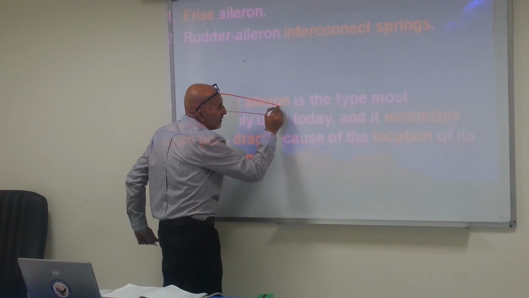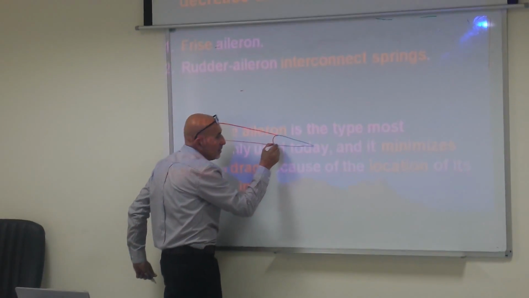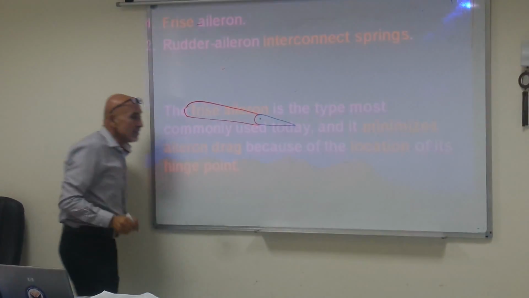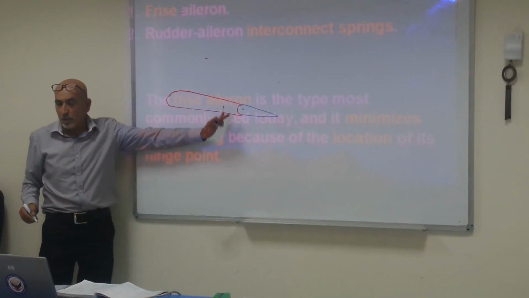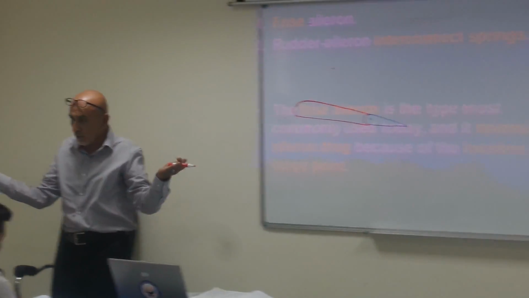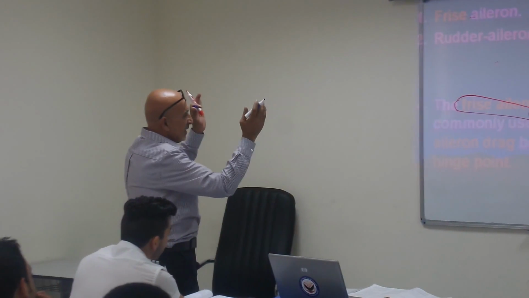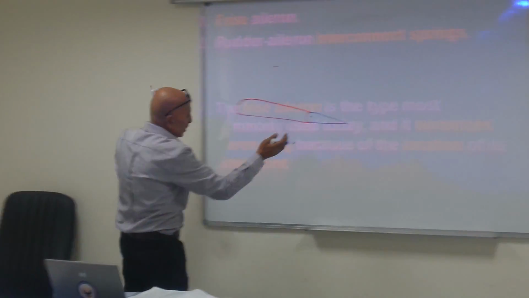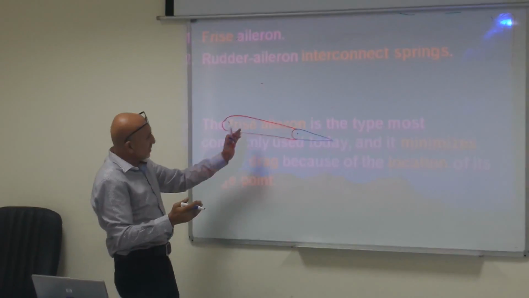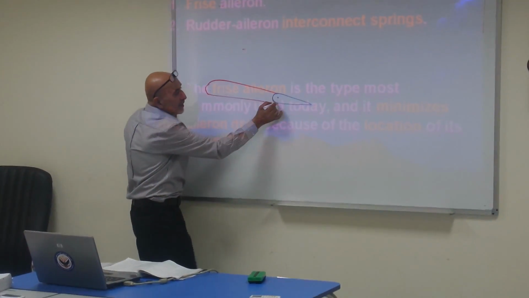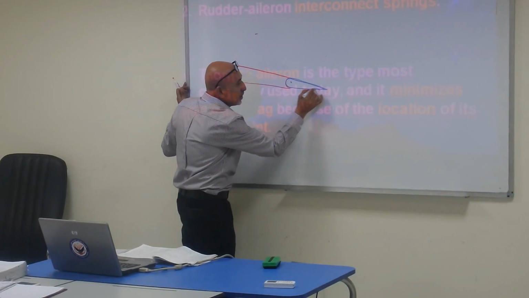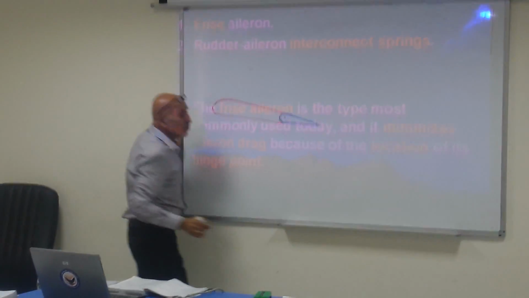The aileron is located somewhere here. Now, this is when it is in neutral. If you take a section view of the aircraft wing, you will see that this is the wing and the aileron is attached at the trailing edge here, and when it is in neutral, it looks this way.